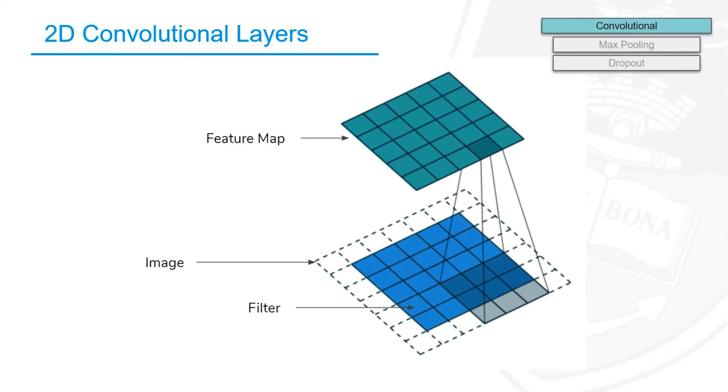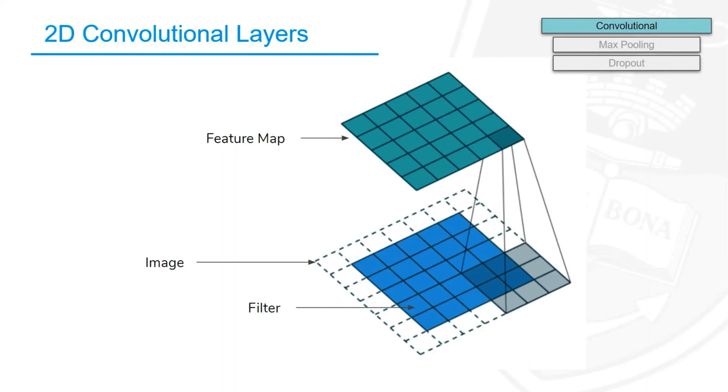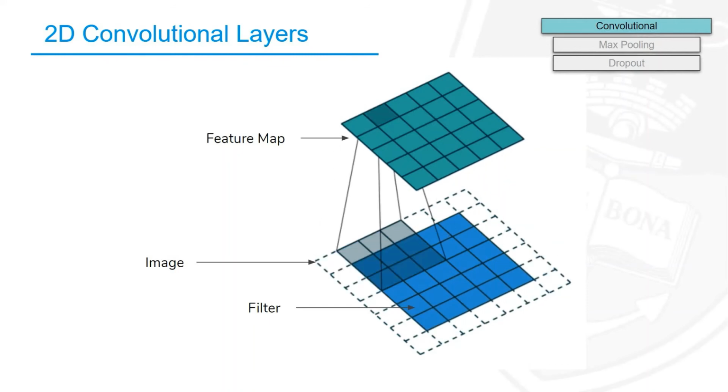The first one we're looking at is the convolutional layer, and this is really the powerful engine behind convolutional neural networks. As you can see here in this illustration, the original image, which is sitting on the floor in blue, is being projected up through what is called a filter. A filter is a small grid, sometimes 3 by 3, sometimes 5 by 5, that is passed across the image, as you can see here.